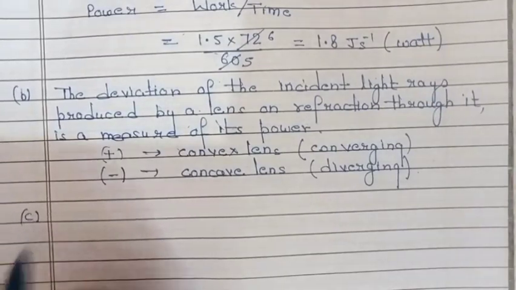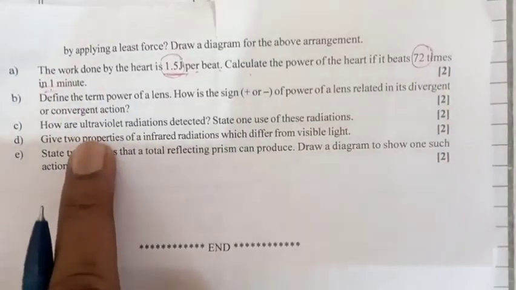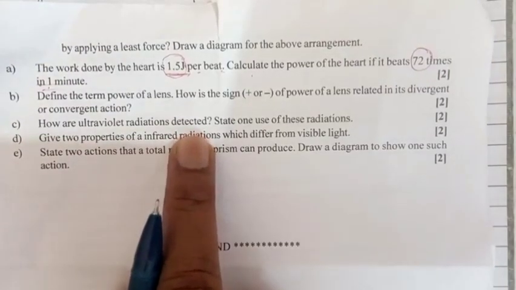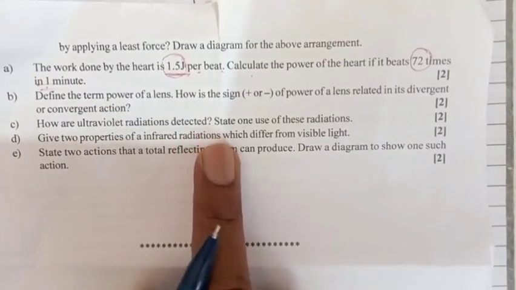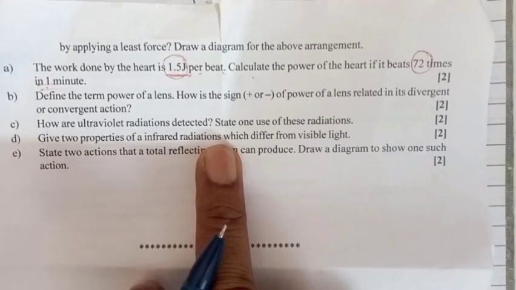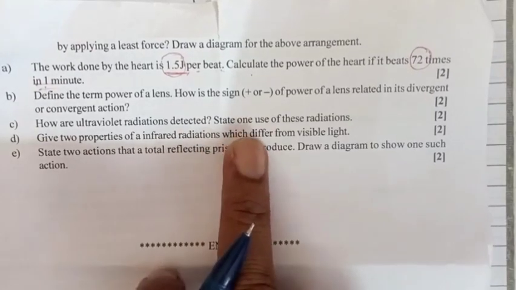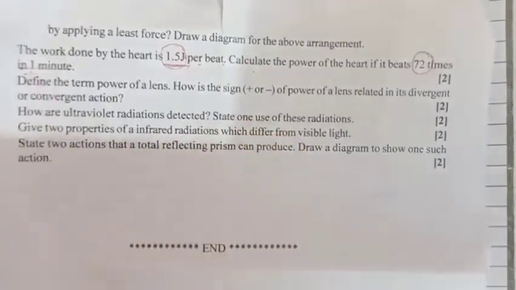Okay, the C part. The C part says how ultraviolet radiations are detected. We have to write the property by which they are detected, and then we have to write one use of this radiation.